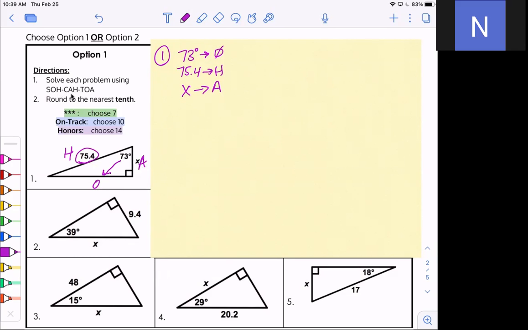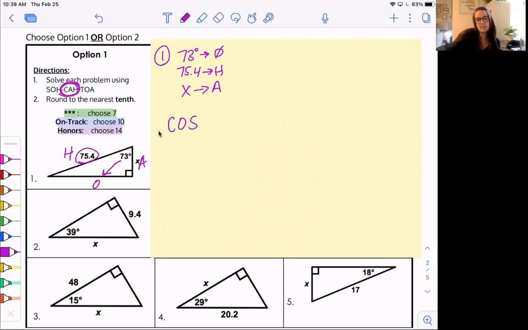The CAH one. That would be cosine, starts with a C. So since it's cosine, I'm going to write COS. And then after cosine, I always have my degrees. So how many degrees do I have?